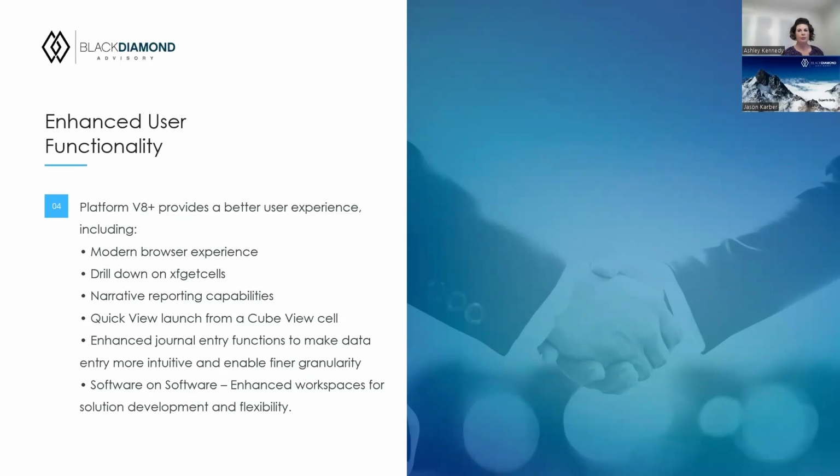Then they'll also run an assessment on your application, which will give a pretty detailed report of what's changing. So with both of these options, you're going to get a report that shows you what's going to be changing. With Black Diamond, it's just a little bit quicker and a little bit easier to do.